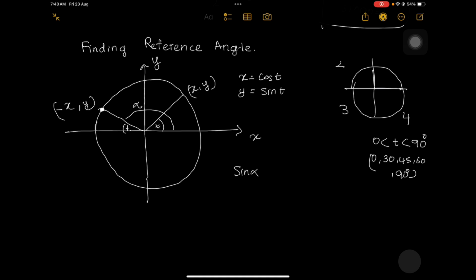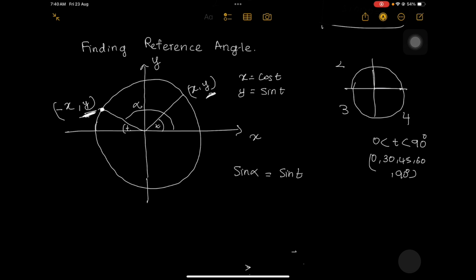So we can say sin alpha is equal to sin t, because here the sine value, I mean the y value, is the same. Since we drew it symmetrically, this is also y, this is also y.